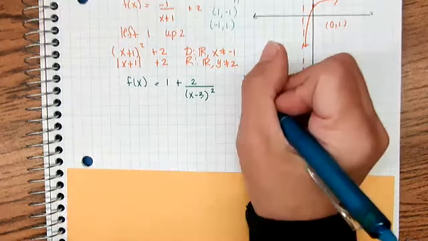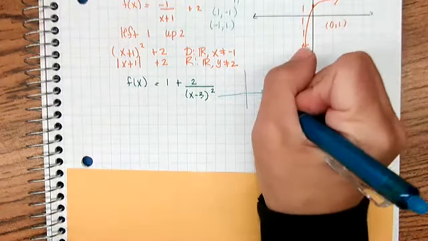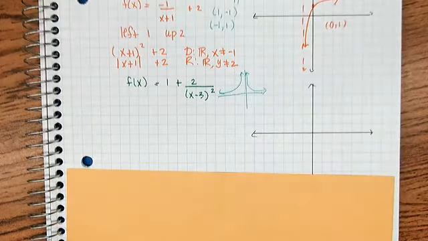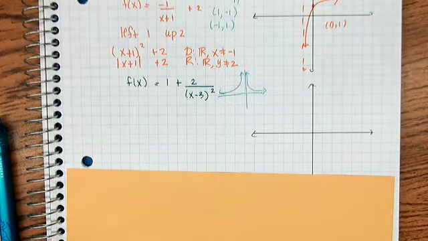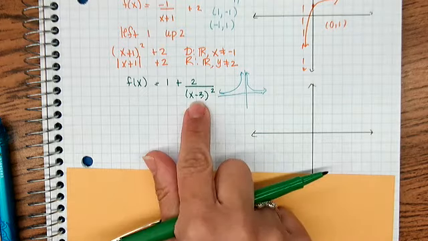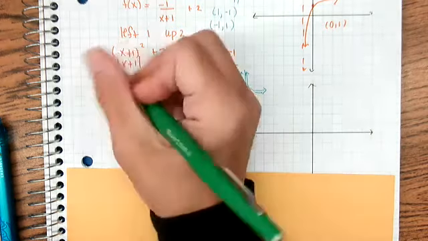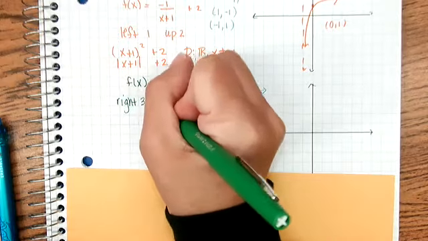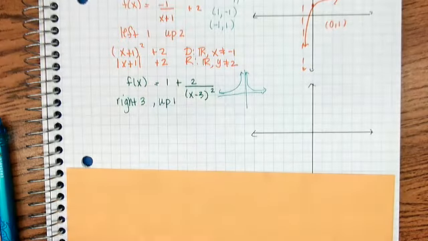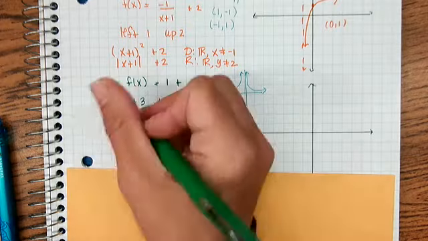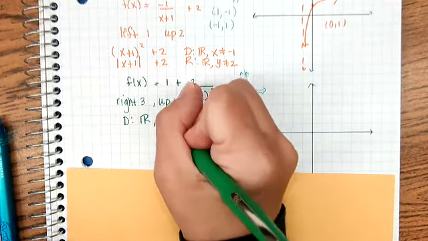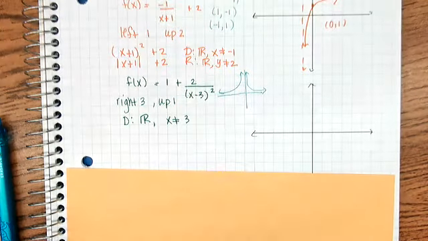So this is the parent. That's the parent. So this is going to be a shift right 3, up 1. Normally the domain is all real numbers, x not equal to 0. So now my domain is going to be all real numbers, x not equal to 3.